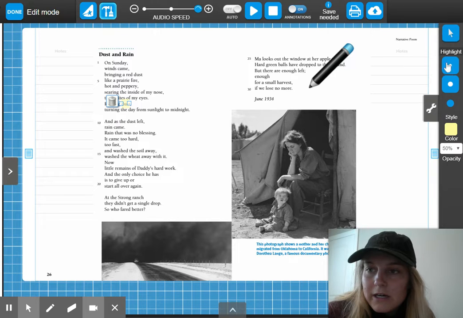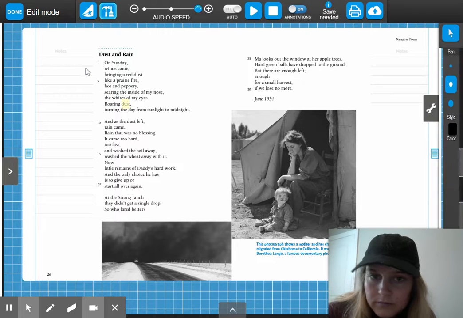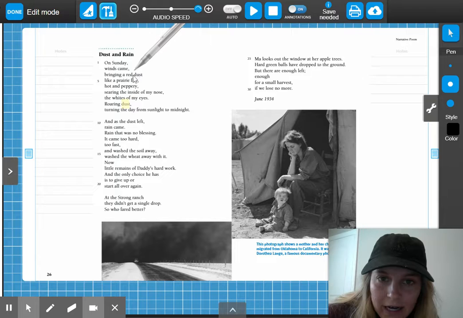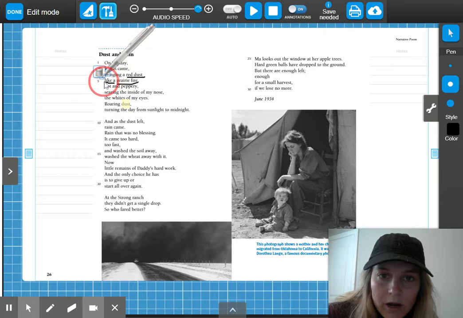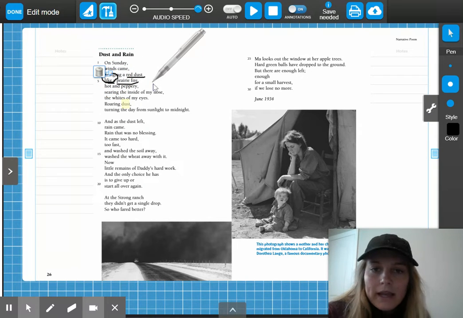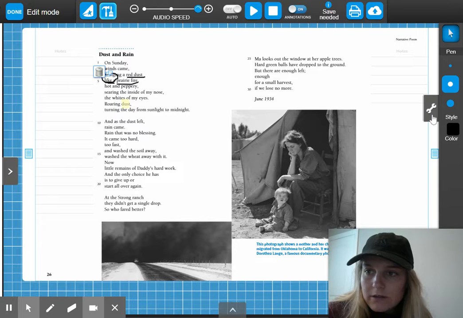But what I do notice here is that there's an example of figurative language, where we see bringing red dust like a prairie fire. This example of figurative language is a simile because it's comparing the dust to a prairie fire using the word like. They're comparing it. It's hot and peppery. It's searing the inside of the author's nose. Let's keep on reading for those key events.